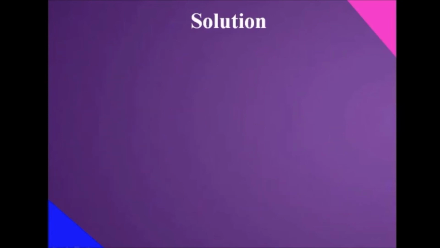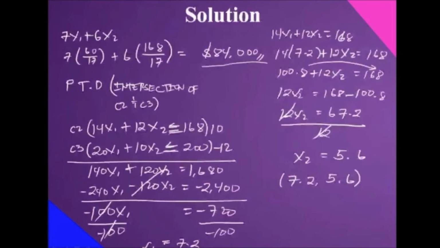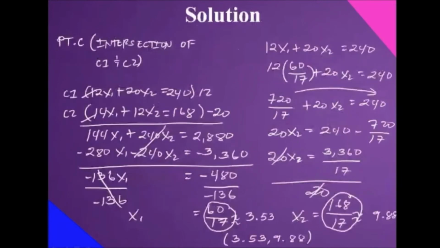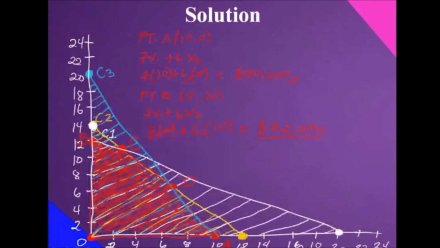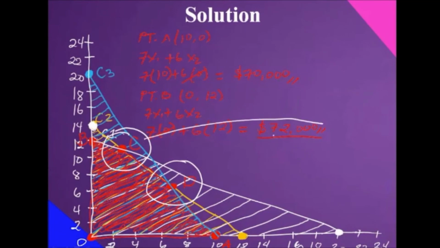Ibig sabihin, kahit ano yung point ang gamitin mo sa dalawang ito, okay lang, dahil ibibigay niya sa atin ang final na pinakamalaking solution. Ito yung ating final answer, yung dalawang point na yan.